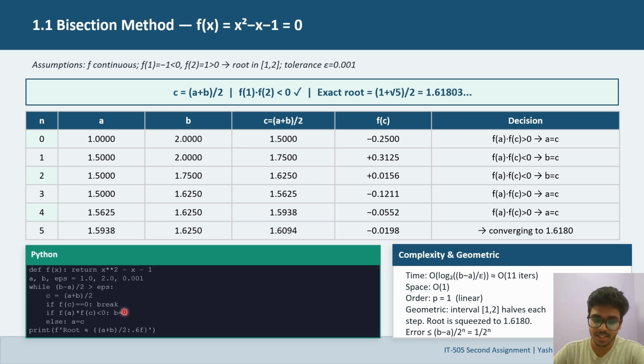The time complexity is O(log₂((b − a)/epsilon)), about 11 iterations for epsilon 0.001. Our space complexity is O(1), and the order of convergence is p = 1, meaning linear.